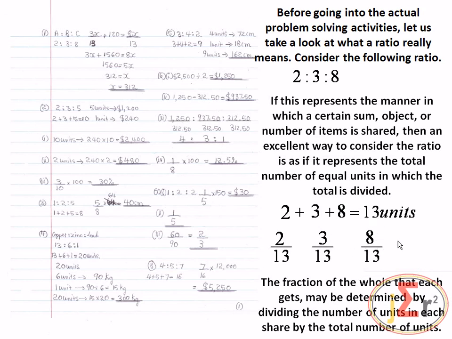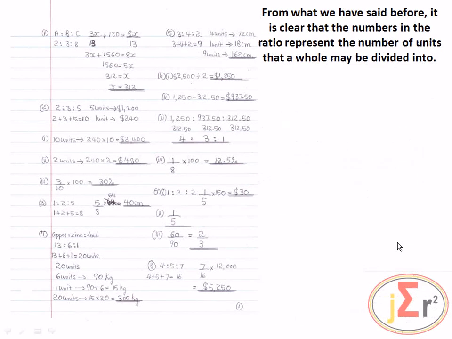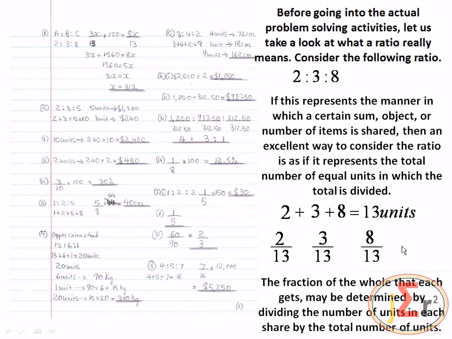So that is how we will determine the fraction of the entire amount that each one gets. We will do that by taking the number of units that that individual gets, and we will divide that by the total number of units.